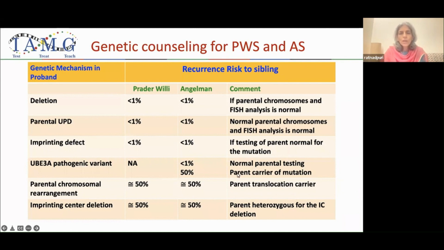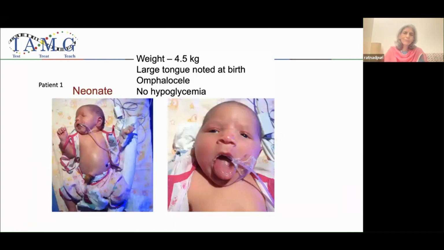Only in situations where a parent is a carrier of the UBE3A mutation, as in Angelman, or there is some sort of a translocation, or the child has an inherited imprinting center deletion, is the risk of recurrence as high as 50%. Okay, so this really becomes relevant when we have to offer prenatal testing for these families.